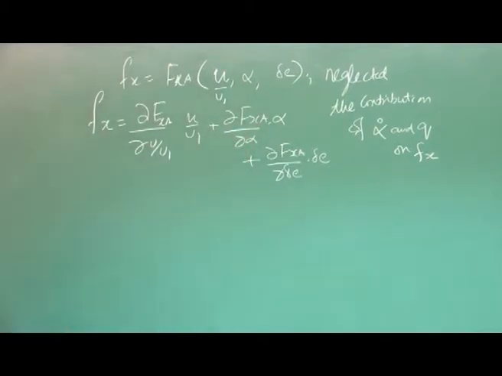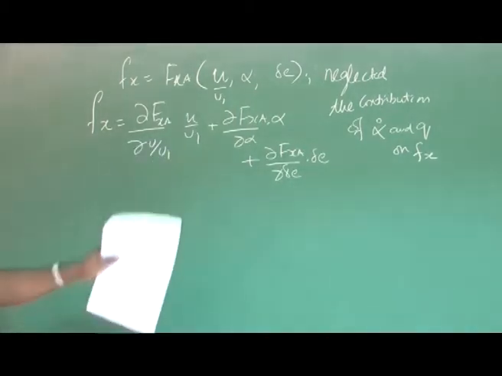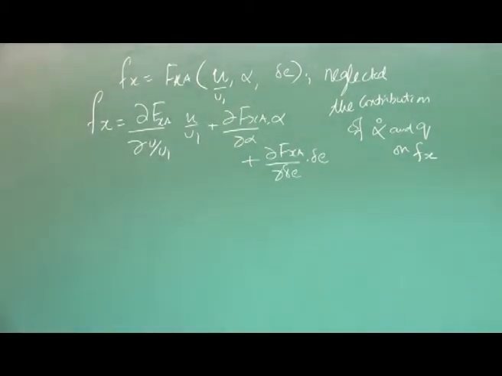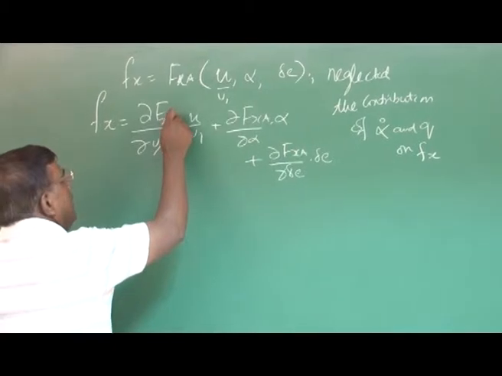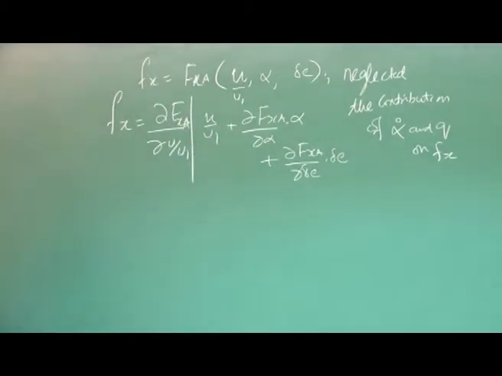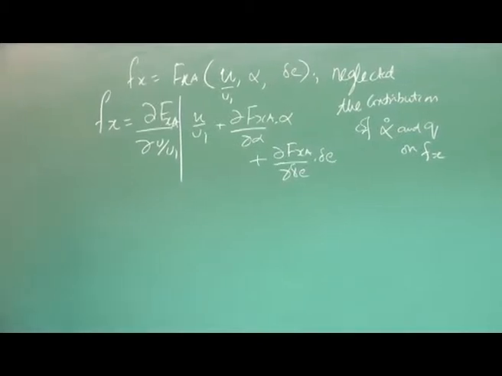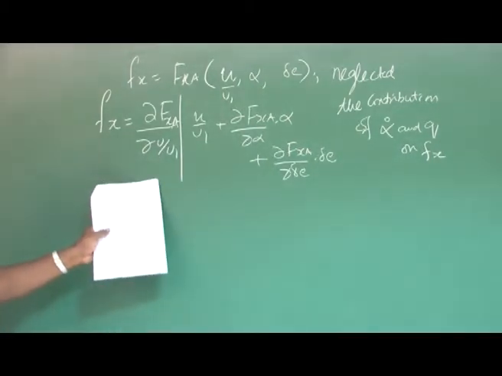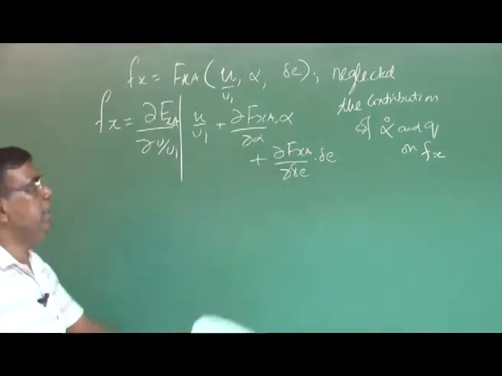Both are the same thing. You have to be patient with me, sometime I will be using notations which I often forget. But as long as you understand the meaning of df xa by d(u by u1), this is the partial derivative, how much the force along x is changing per unit change in u by u1. Similarly for alpha and delta E.